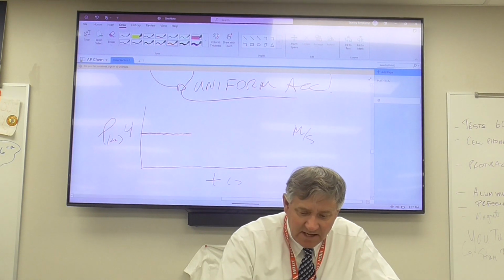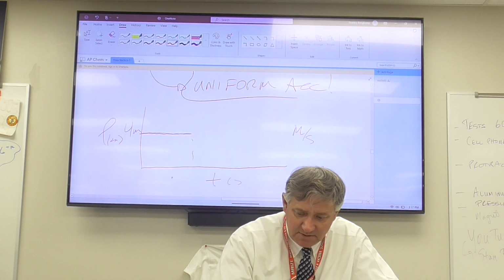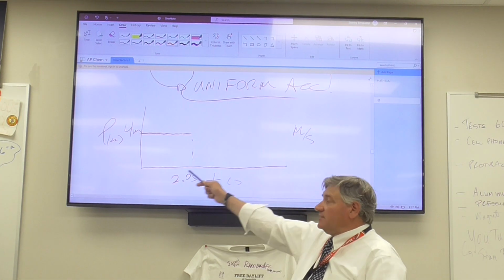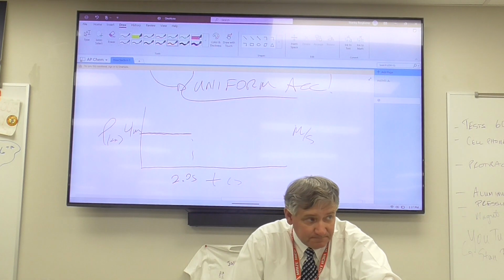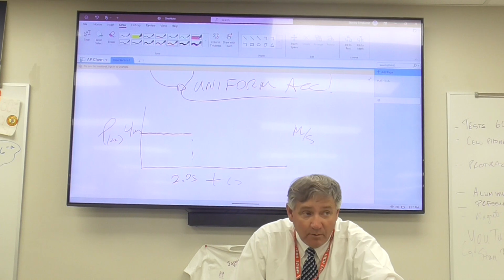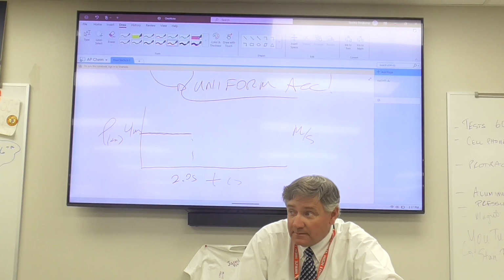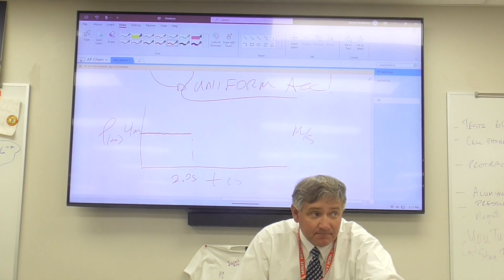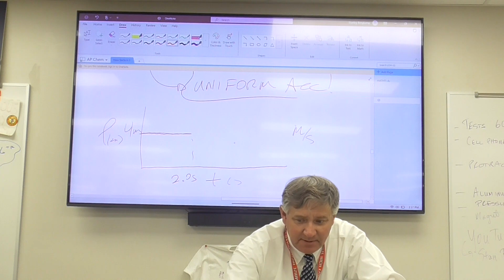Now, let's say that's at 4 meters and this is 2 seconds. Could I find the area underneath that graph? Yeah. Yes. What would it represent? Velocity. Nope. Okay. What units would you get? Meter seconds. I would get 8 meter seconds.